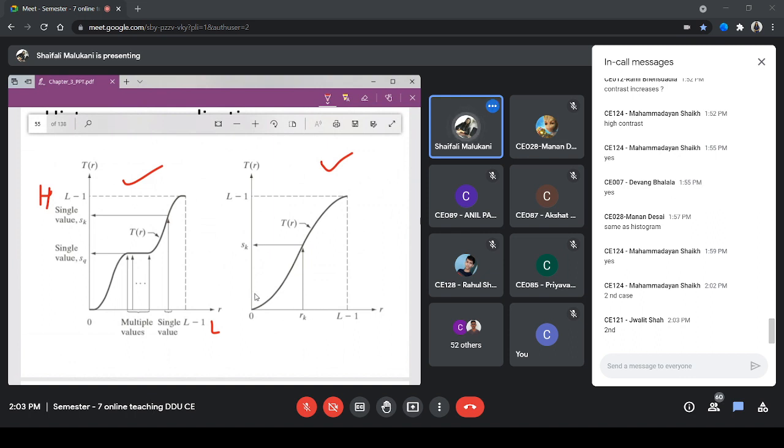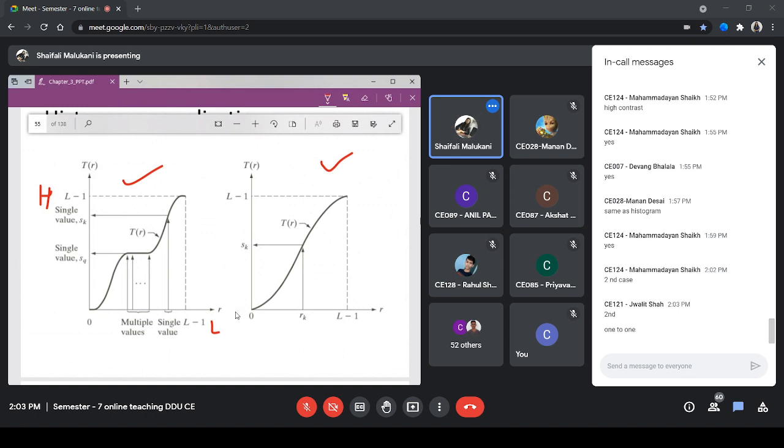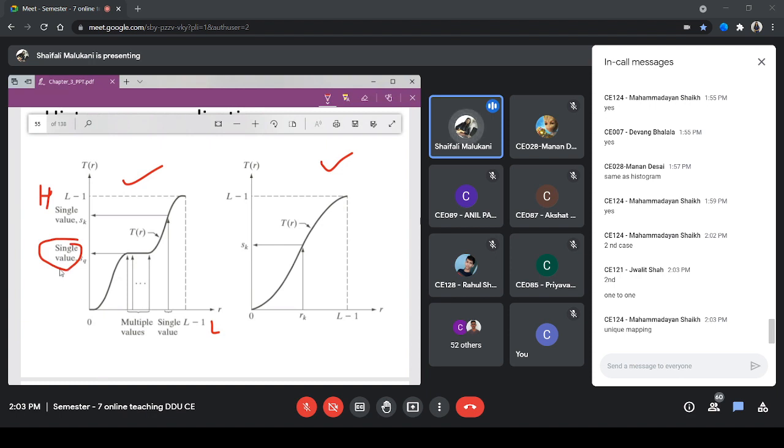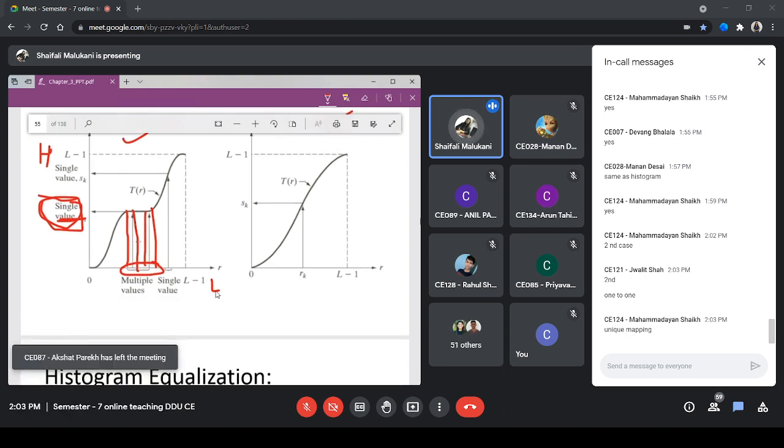Why is it possible in the second case? Yes, it is a one-to-one mapping. In the first case, multiple values are mapped to a single value. So in my high contrast image, if that single value appears, I will not be able to know which input value was responsible for getting it. That is why one-to-one, unique mapping, is the reason.